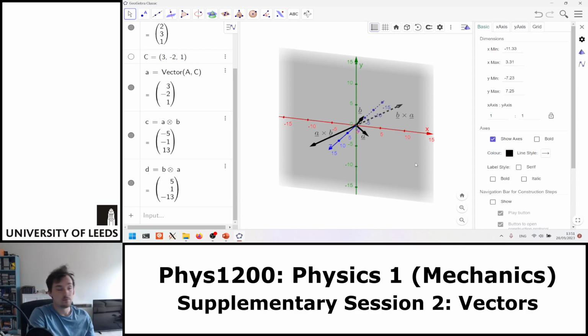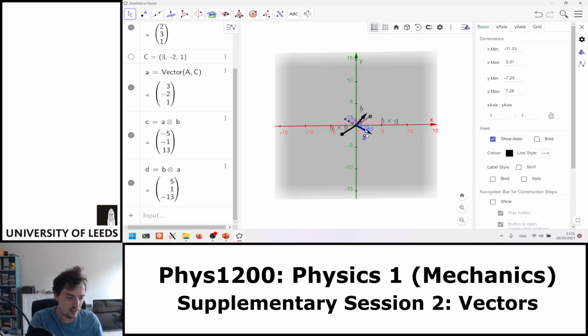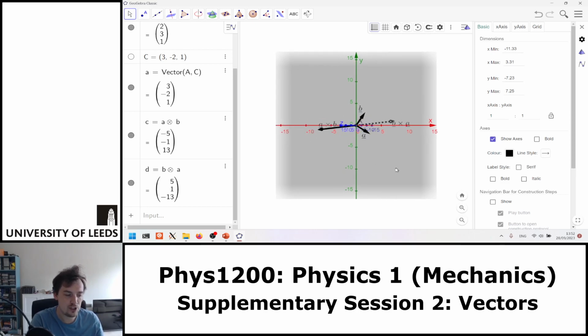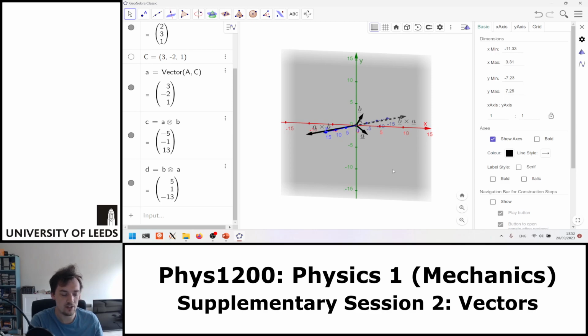So that's quite an intuitive way of doing it, right? If you want to take two vectors and multiply them together to get a third vector, it might make sense for that third vector to be perpendicular. Because if it wasn't perpendicular, if I said A times B goes in this direction, somewhere in between them, that sort of product wouldn't make so much sense because A could be projected into its own multiplication, right?